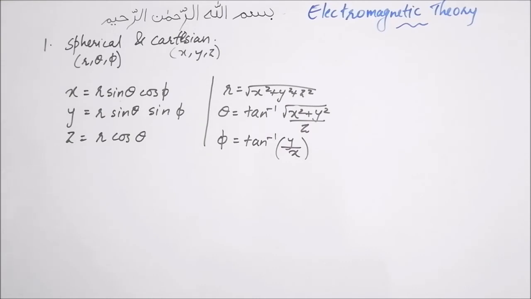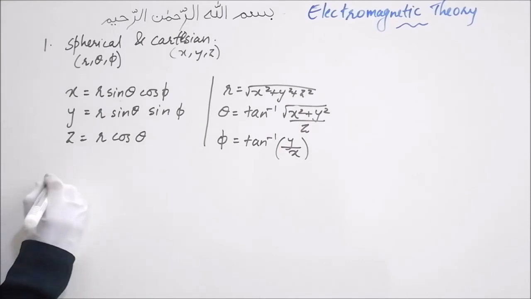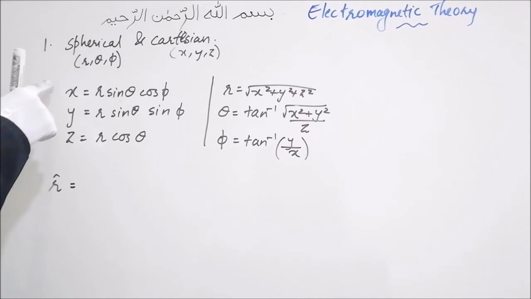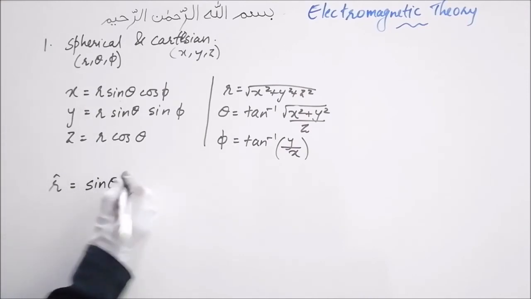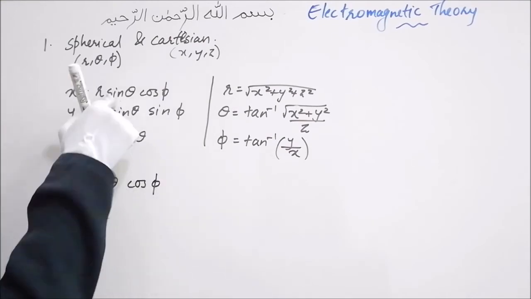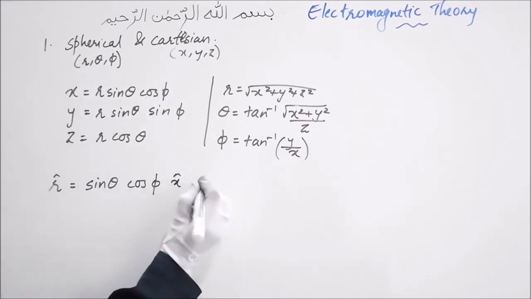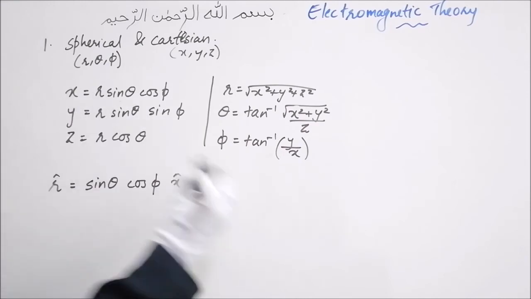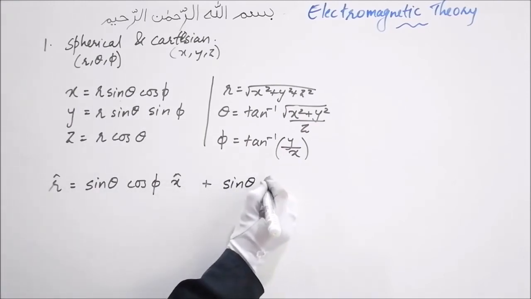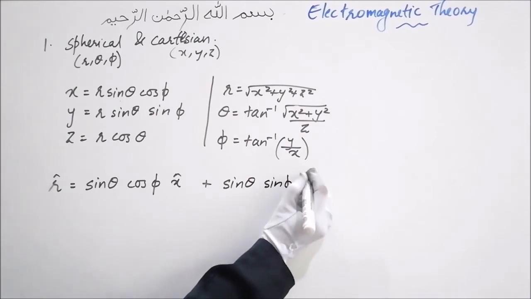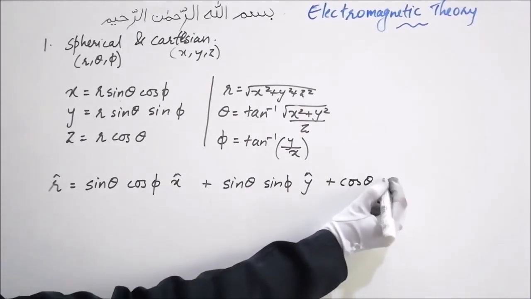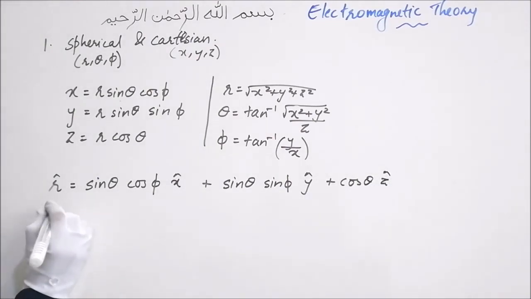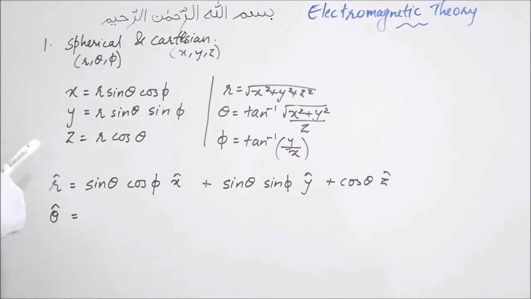Now in terms of Cartesian unit vectors, r hat will be obtained by differentiating this with respect to r. So we'll have only sin theta cos phi x hat plus sin theta sin phi y hat plus cos theta z hat. Theta hat will be obtained by differentiating these three with respect to theta.